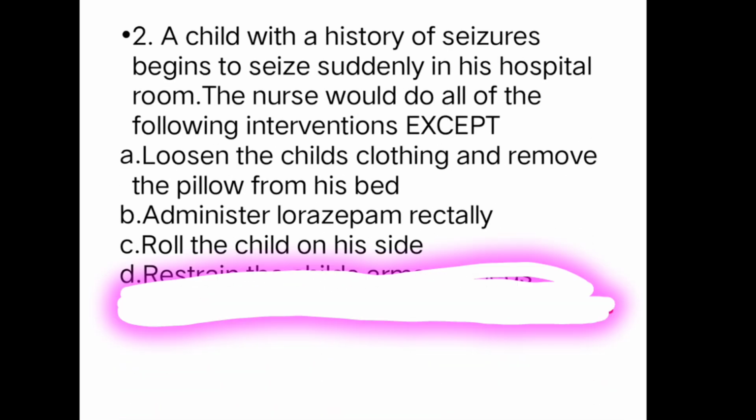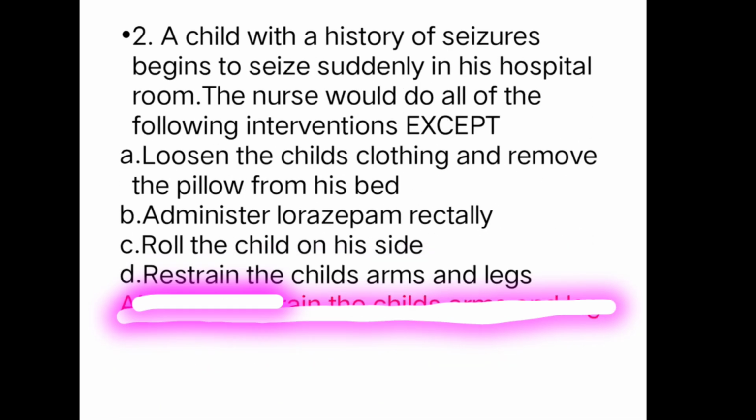The next question is: a child with a history of seizures begins to seize suddenly in his hospital room. The nurse would do all the following interventions except. Among these 4 options, what the nurse will not do is what they have asked. First option: loosen the child's clothing and remove the pillow from his bed.